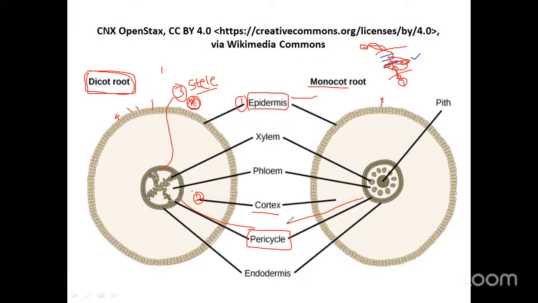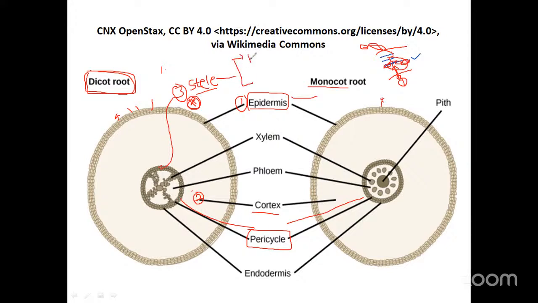First, let's see the dicot root. Vascular bundle: the pericycle is completed, and the remaining are the vascular bundle and pith. That means if you take the stele, three regions are present inside it.